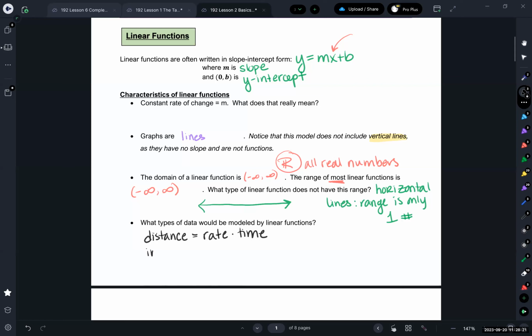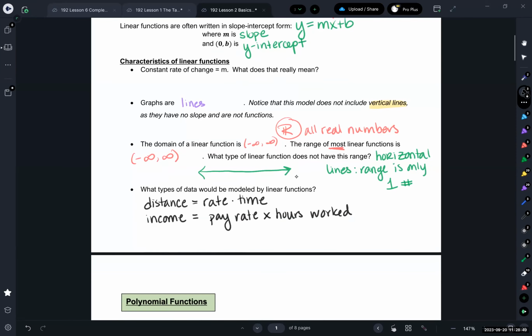Anything that's along those same lines, like your income, let's not think about taxes, would be something like your pay rate, your hourly wage, times your hours worked. And again, if you were to graph that, as your hours worked goes up, your income would go up in a linear fashion. It would be a line. So those are the kinds of things that you might see. There's more, I'm sure, and you could think of a few.